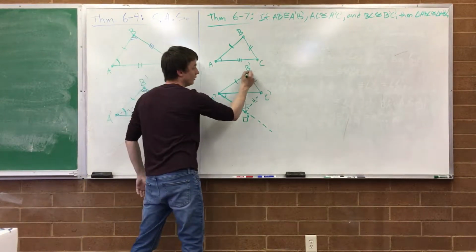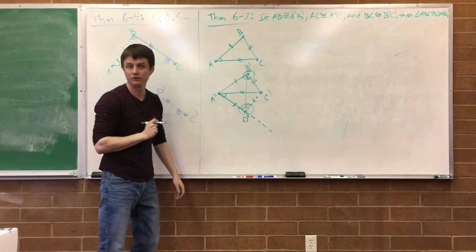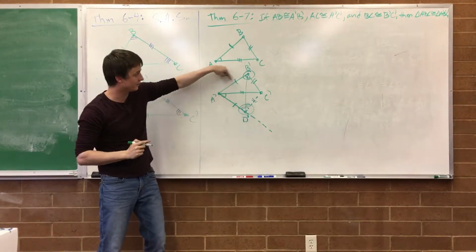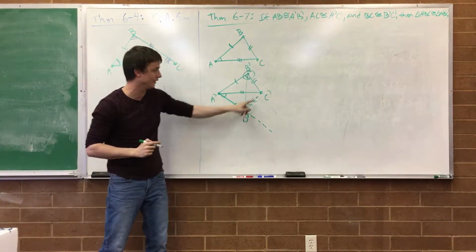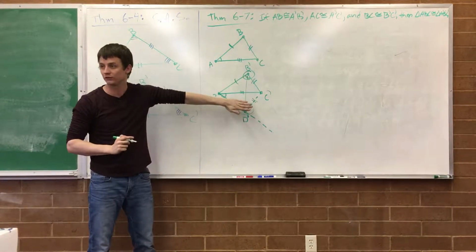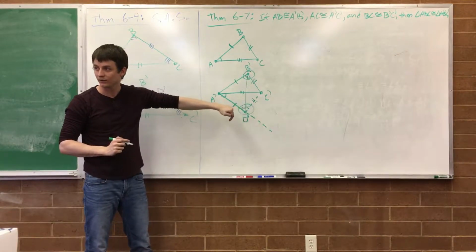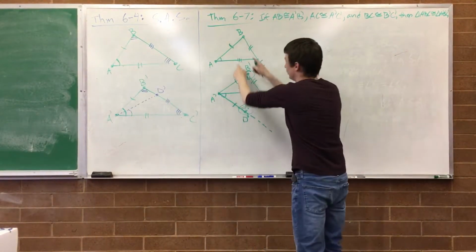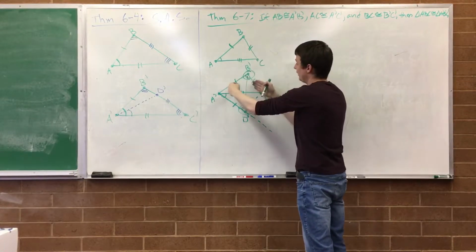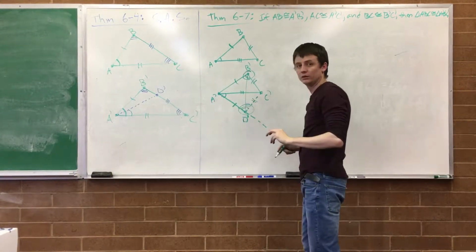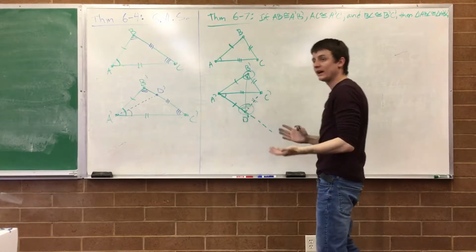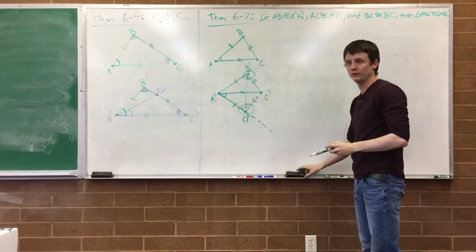So this whole angle is equal to this whole angle, or congruent, I mean. So then by side, angle, side, this triangle is congruent to this triangle. Okay? So I constructed this bottom triangle to be congruent to this top triangle, and then I showed that this one's congruent to that bottom one. So we'll do all that again, but that's big picture what we're going to do.